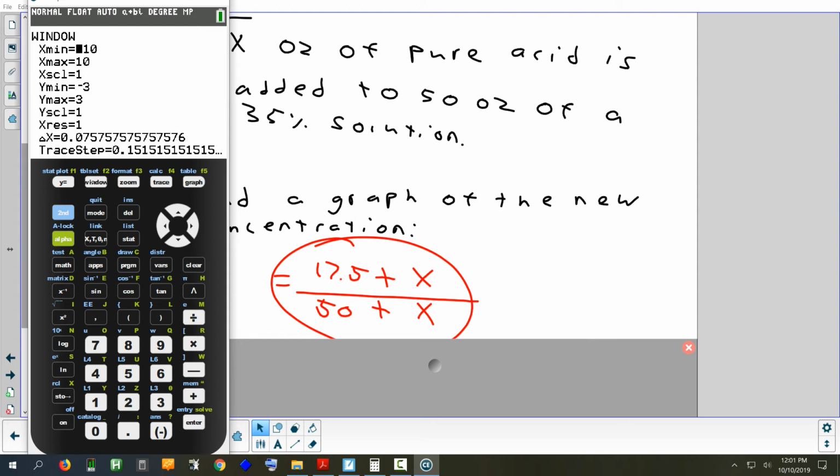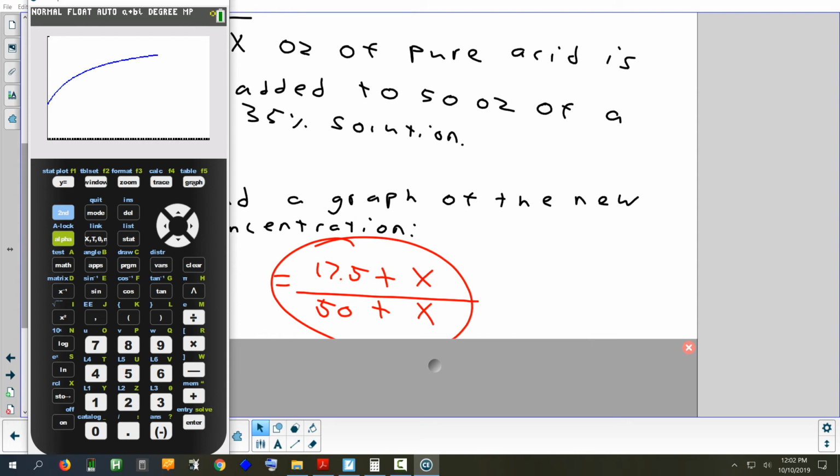No. Because, well, how come? No matter how much acid you add, there's always going to be something else in there. Right. Okay, no matter how much acid you add to it, you still can't get the concentration to 100%. Never, ever.